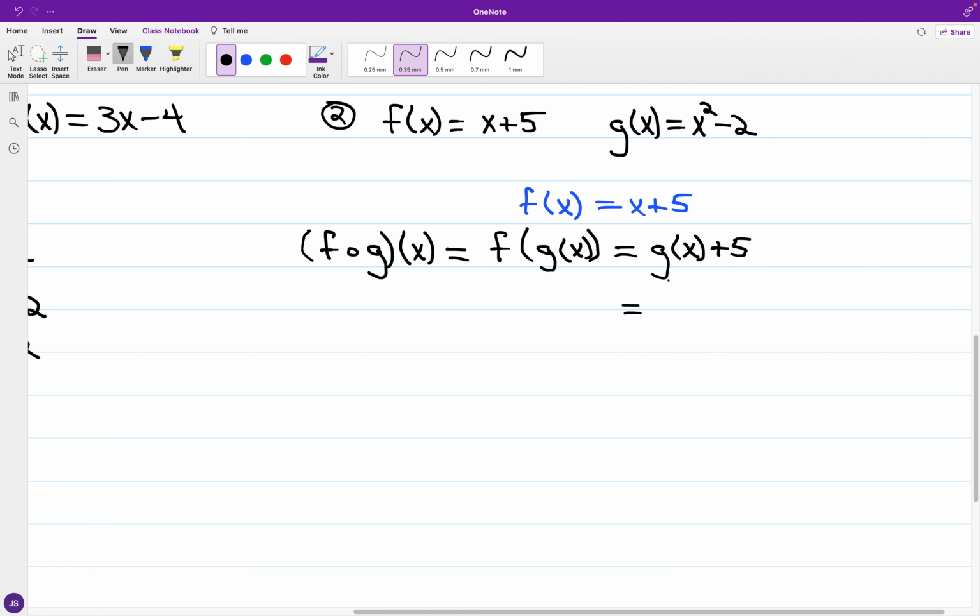Then, taking care of the functional notation and replacing it with the algebraic expression that defines it, you have g of x, which is x squared minus 2, followed by the addition of 5. So you have x squared minus 2 plus 5, and this will come out to x squared plus 3.